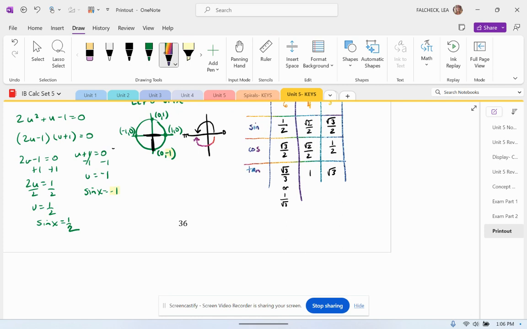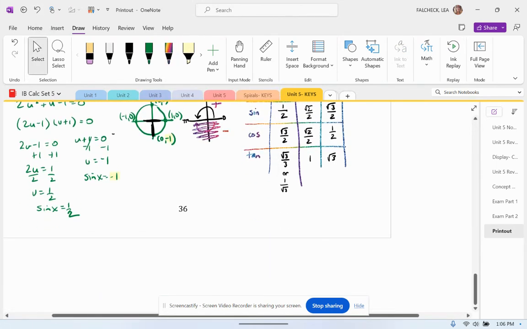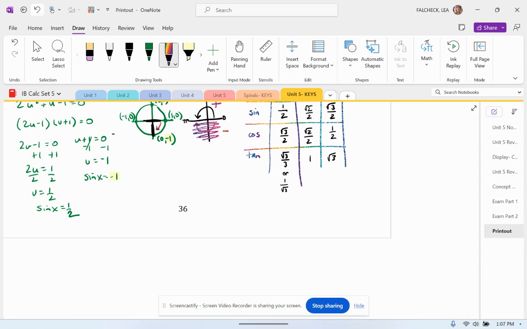So all solutions that occur down here are going to be negative angles. And all solutions that occur up here are going to be positive angles, okay? Simply given by the nature of the interval. So let's look at what negative angle corresponds to a sine of negative 1 on the unit circle. And that's going to be negative pi over 2.